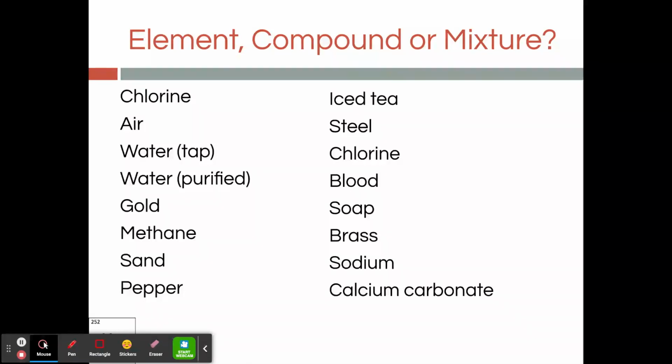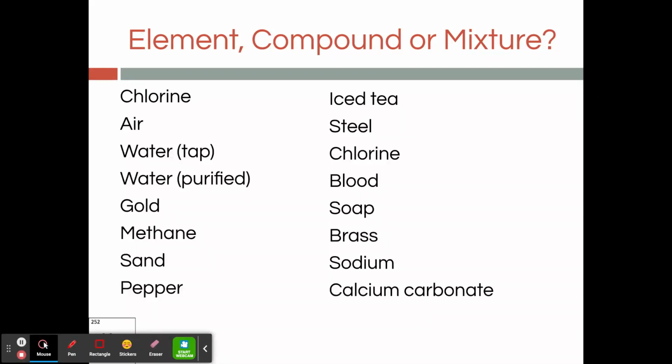So looking at what we have here, I can tell you that iced tea is a mixture. Steel is a mixture. That's a mixture between two different metals. Chlorine is an element. Blood, surprisingly, is going to be a mixture.